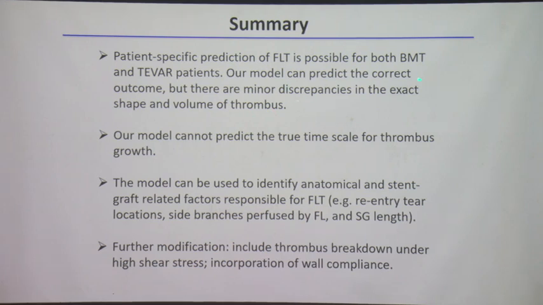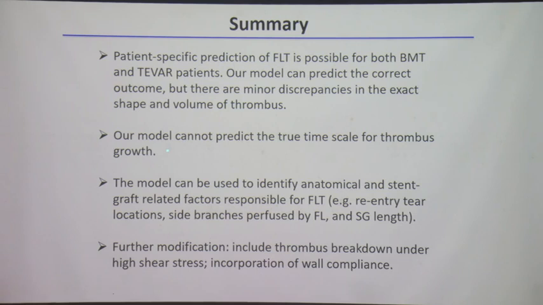However, there are minor discrepancies in the exact shape and the volume of the thrombus, which means that if one wants to be perfect, if you wanted to have an exact or closer agreement with the experiment in terms of the shape and the size, then there is further room for the model to be improved.